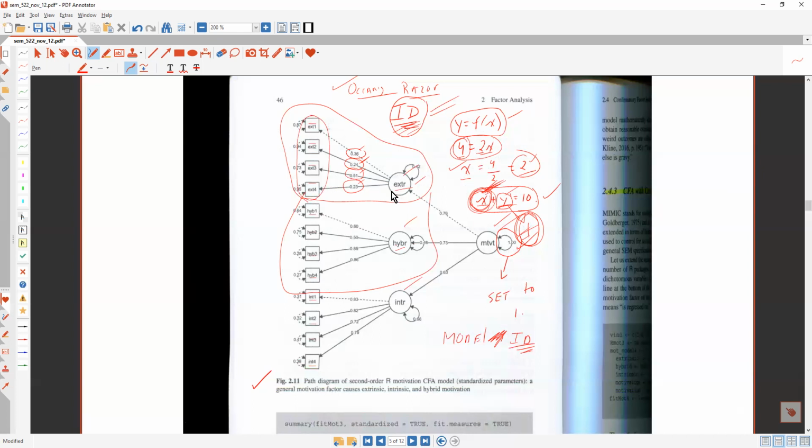You hypothesize that they're going to load here. These here, you hypothesize that they're going to load here. So it would be a mistake to say that EXT3 was not given the opportunity to load here. It would be a mistake to say rather that that loading is poor. No, it was never given the opportunity because it was specified in advance.